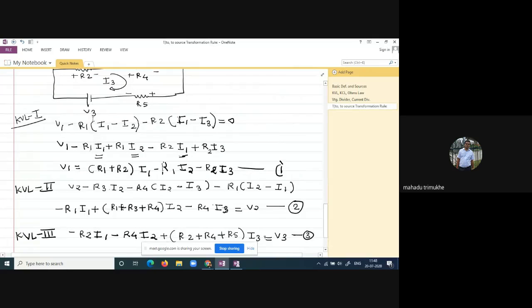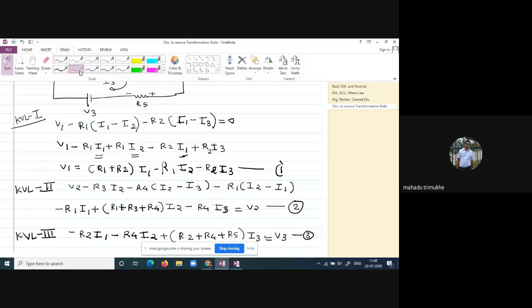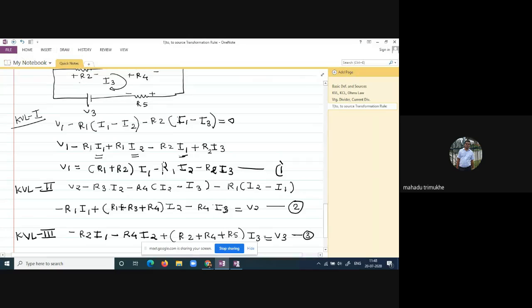This equation you will get simple. Suppose in the third loop, R2 is there. If the current is flowing in a clockwise direction, the minus sign is there: minus R2 I3.